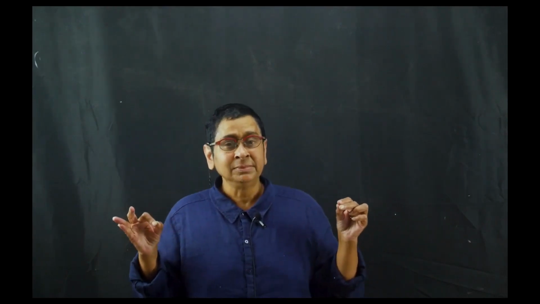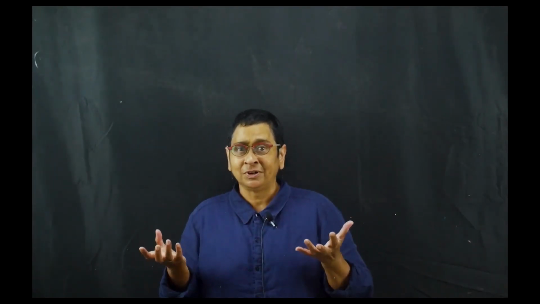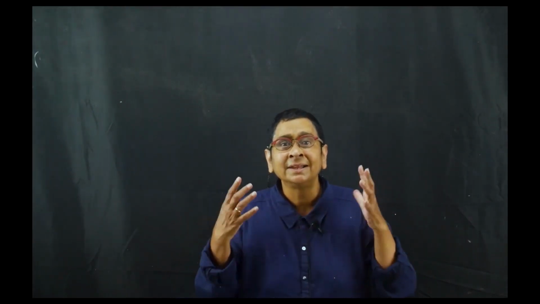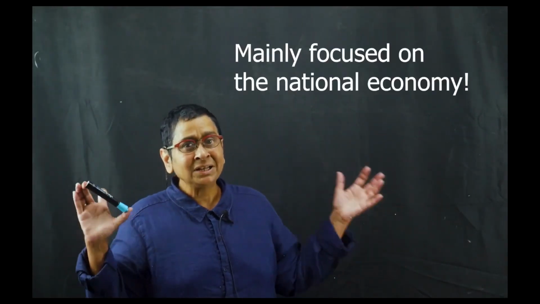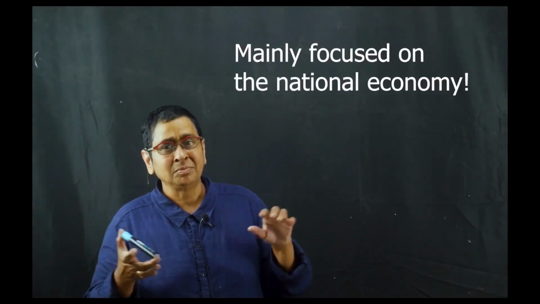So with that in mind, our first aim was to figure out a way to make some measures that would be useful for us to do an analysis of the economy, because the ways in which we've looked at markets individually are not enough so far. Right? So the measures we're going to look at now are mainly focused on the national economy.